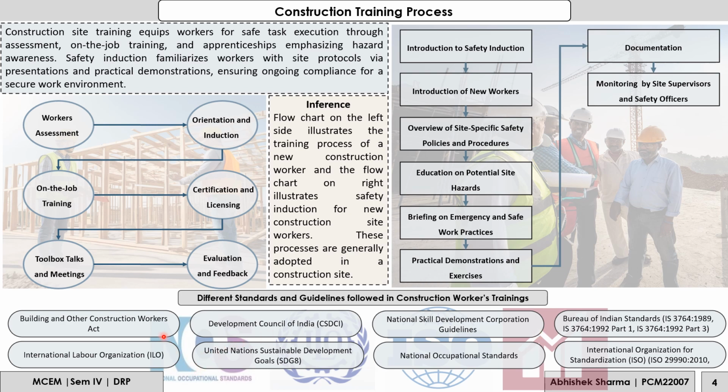There are different standards and guidelines like the Building and Other Construction Workers Act, ILO's guidelines, this is the logo of ILO, UN's SDG 8 goals, which stand for United Nations Sustainable Development Goals, this is the SDG 8 logo, National Skill Development Corporation's guidelines, NOS, which is National Occupational Standards, BIS, and ISO. These are the guidelines and standards which are generally followed in the construction industry for the training of workers.